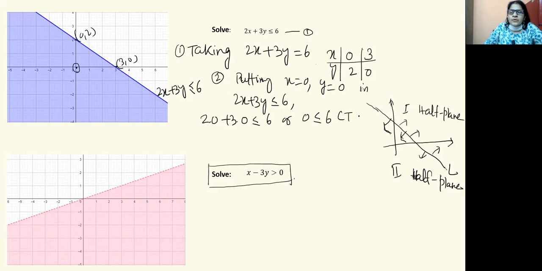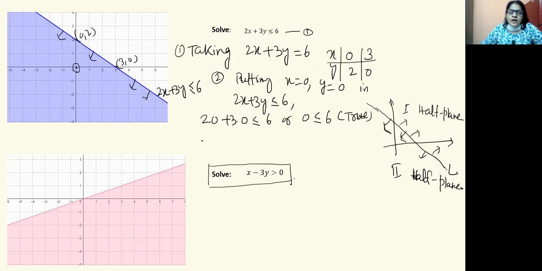It is true. It means origin satisfies the linear inequality 2x plus 3y less than equal to 6. If it is equal to 6, points are on the line. If less than 6, it is coming towards origin. So here you can see the entire region has been shaded. This blue colored region represents the solution of the linear inequation.